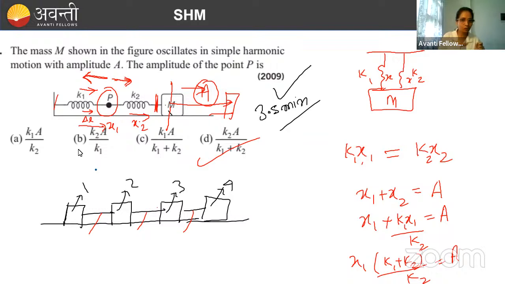You just need to see whether there is any mass between two springs. I am talking about strings. A string is the same as a spring, because in a spring also there is extension and tension comes, and in a string also, if the string extends, only then tension comes. So not similarly, but in terms of tension it is the same.